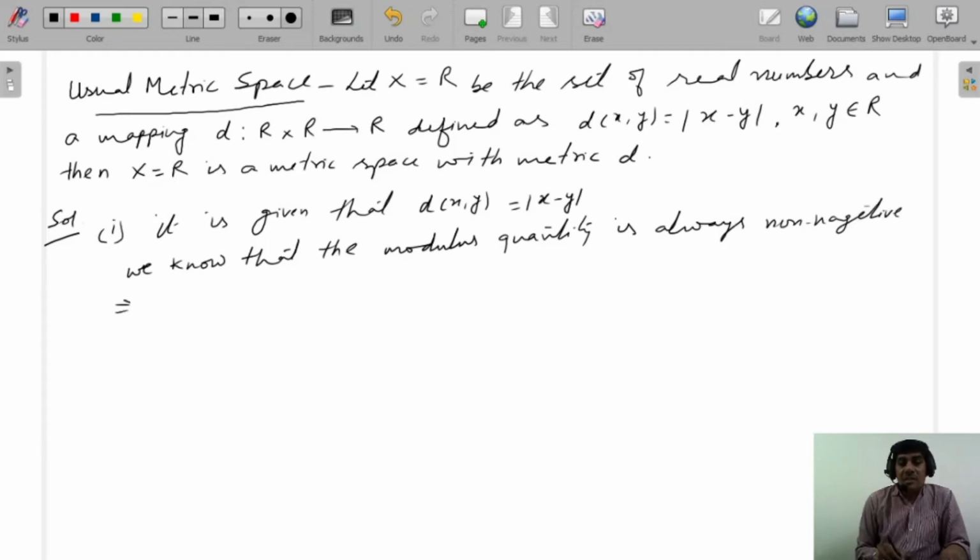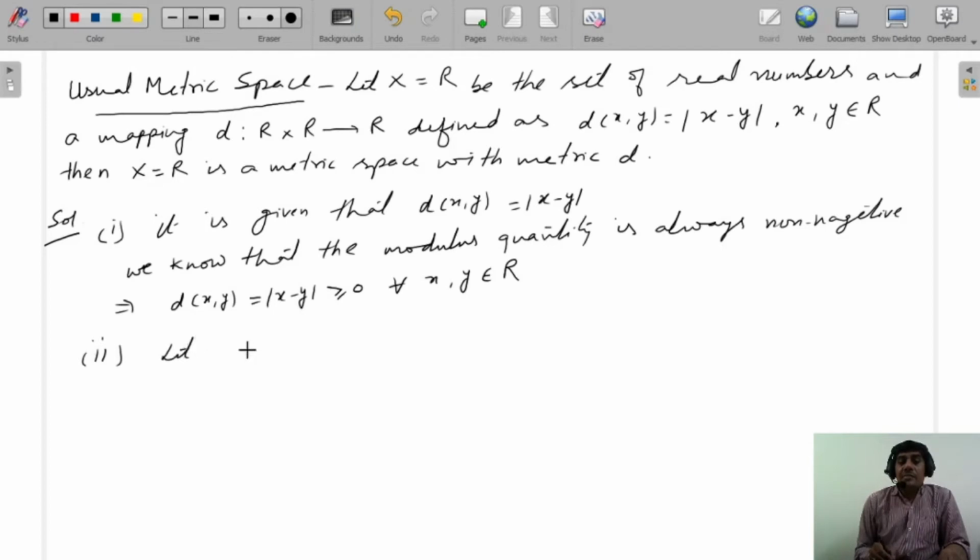This implies d(x,y) is greater than or equal to 0 for every x, y belonging to R. So the first property is satisfied.